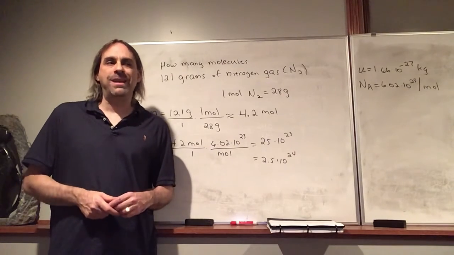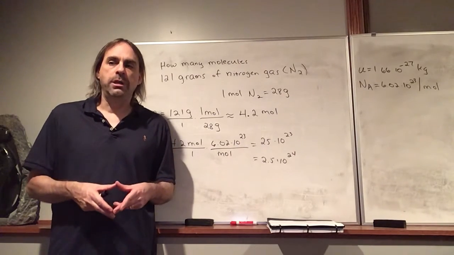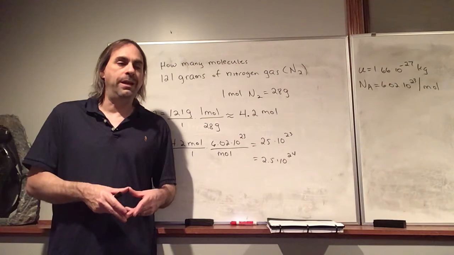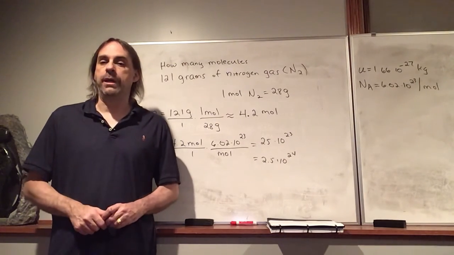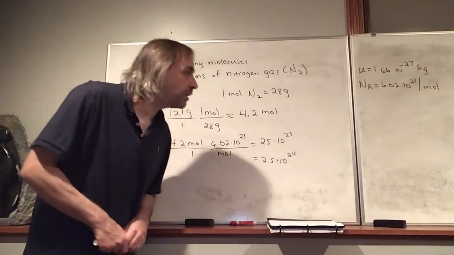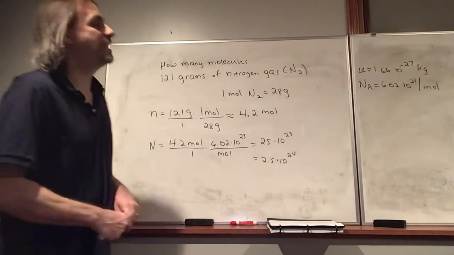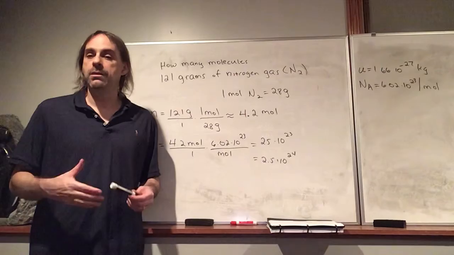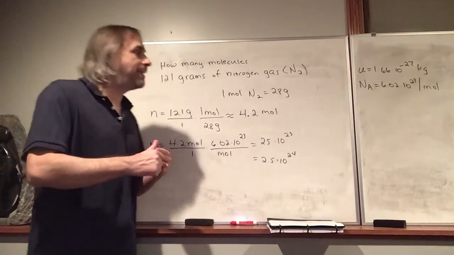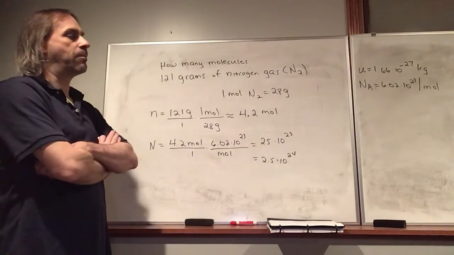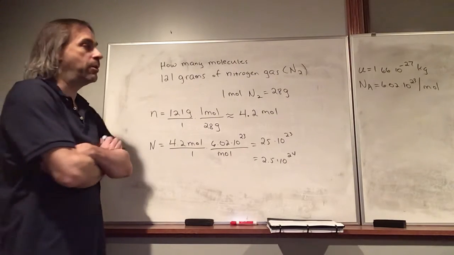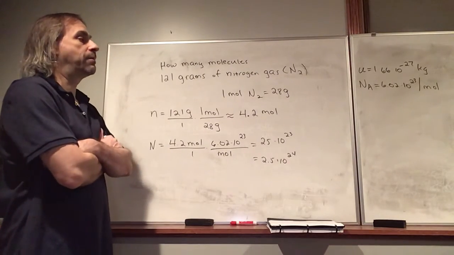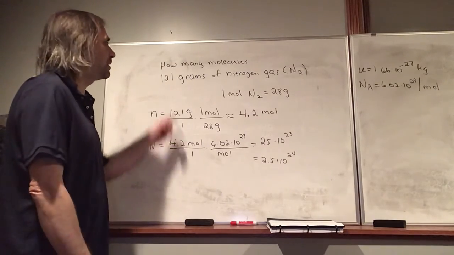So basically, if you have a glass of water, there are more molecules in that glass of water than there are stars in the Milky Way galaxy. That's a huge, huge number, which means atoms are extremely small. I think this is probably a review for most of you, but if this is new, then definitely practice doing things with problems like this.